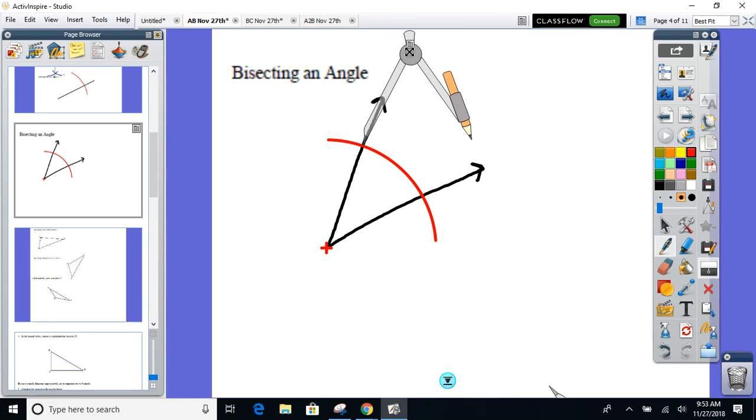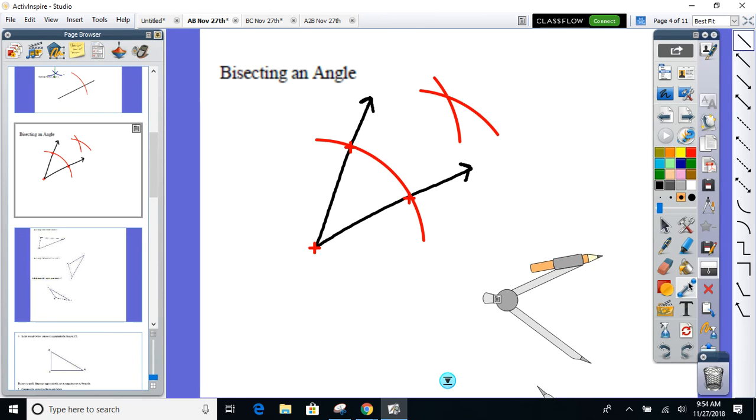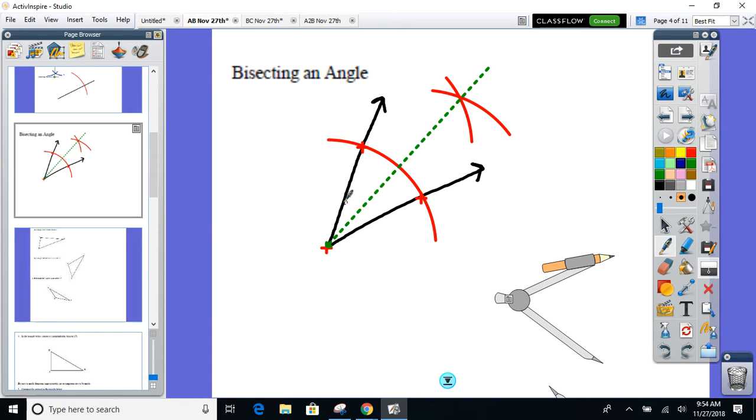Little fireworks action. Make sure we put some arc marks to show me they're congruent.